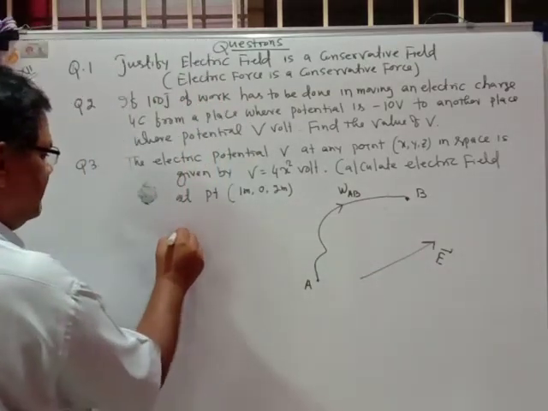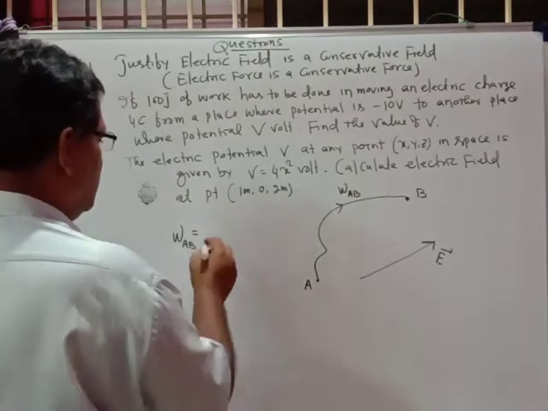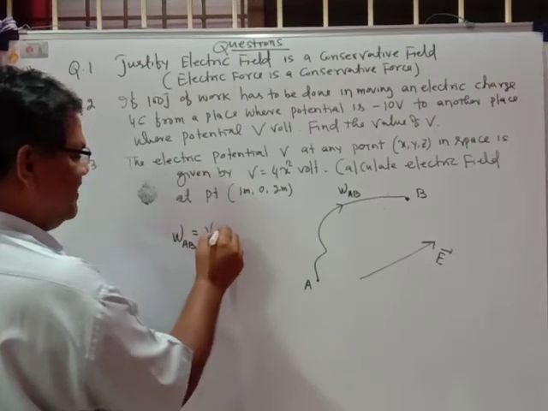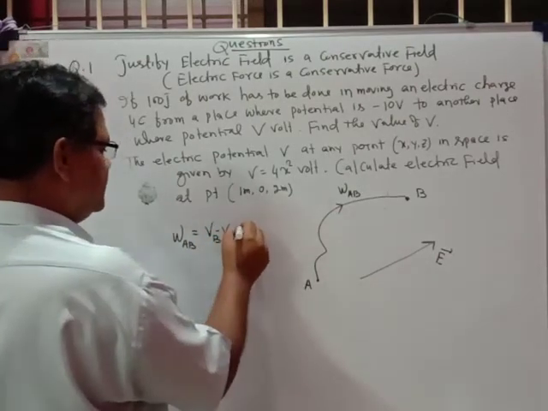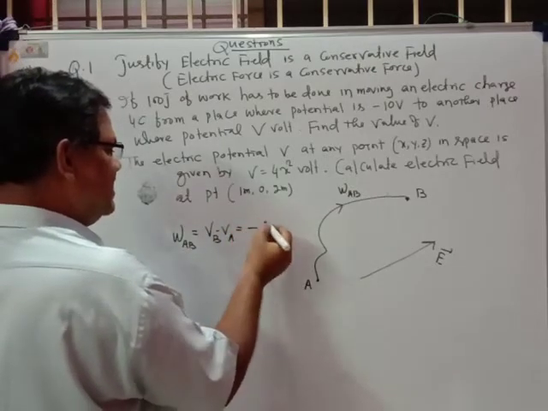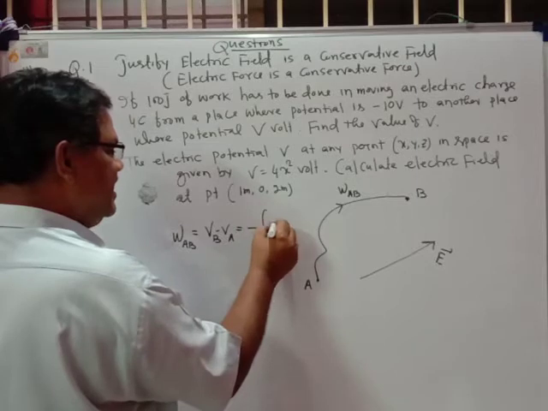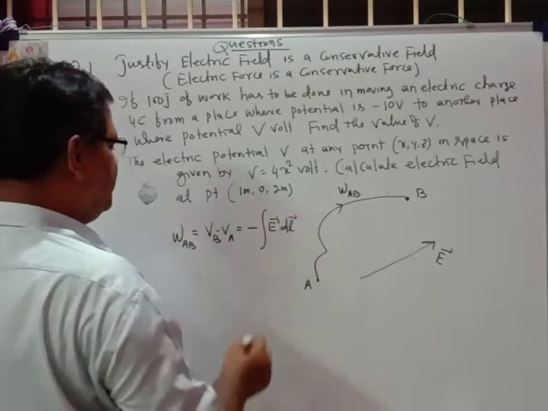W_AB is equal to VB minus VA, and this is equal to minus the integration of E vector dot dl vector.